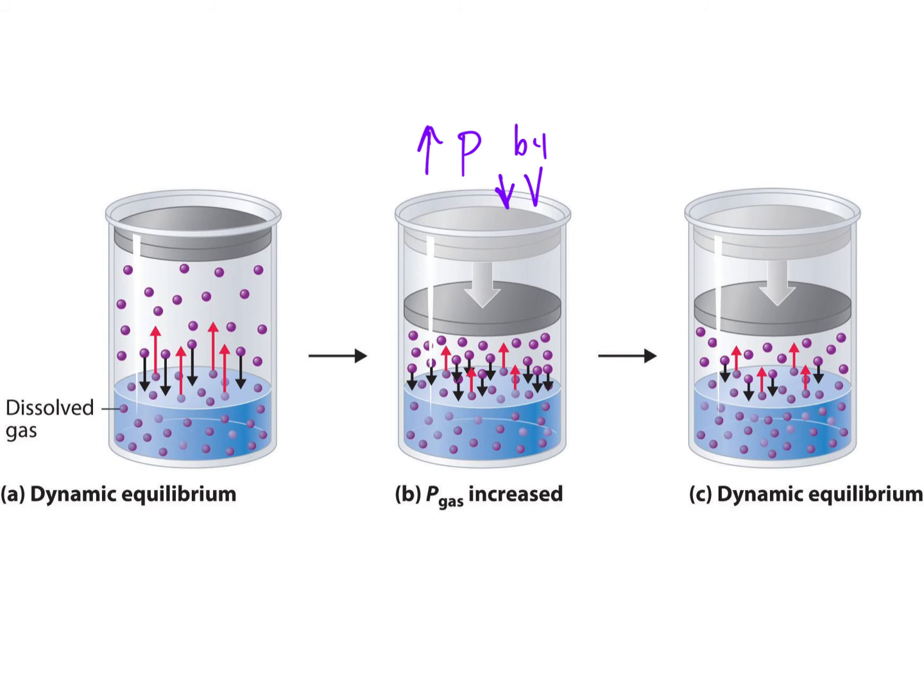And so that's going to throw off the equilibrium, and that increased pressure is going to force more gas molecules to dissolve. And then we get to equilibrium again. Right? So same rate, things going out of solution as things going into solution.